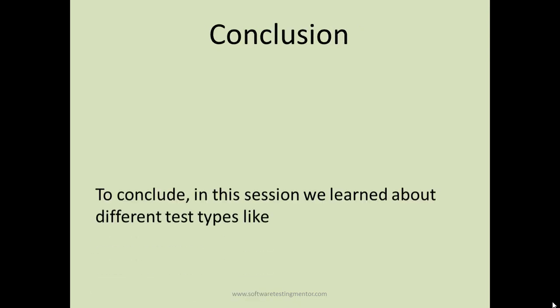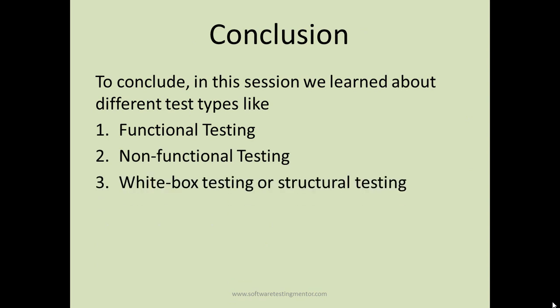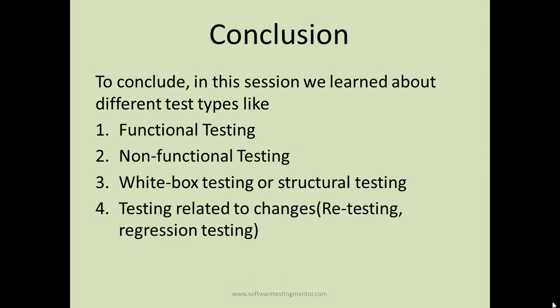To conclude, in this session we learned about different test types like functional testing, non-functional testing, white box testing or structural testing, and testing related to changes, which is also known as retesting or regression testing. Retesting is also known as confirmation testing. Functional testing is also known as black box testing.